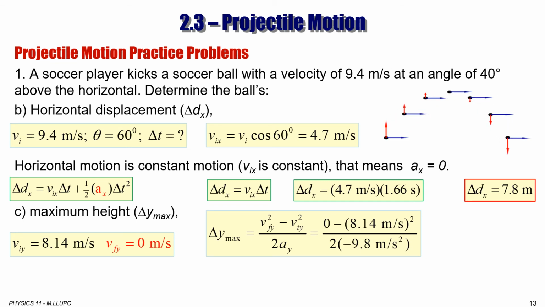So 0 minus 8.14 squared divided by 2 times negative 9.8. Negative up and negative down will make it positive. So the displacement is in a positive direction, and we do the calculation and we get 3.38.